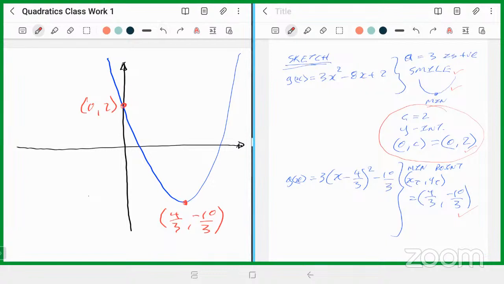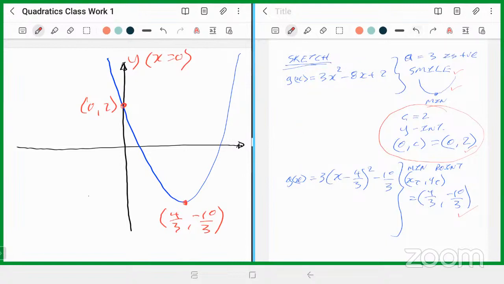Why is that so? Because on the y-axis, the x value is equal to 0. And if you put 0 here and 0 here for the x, then g of x is going to work out to be 2, because these two will be eliminated with the 0. So that is why the point is 0, 2 on the y-axis.